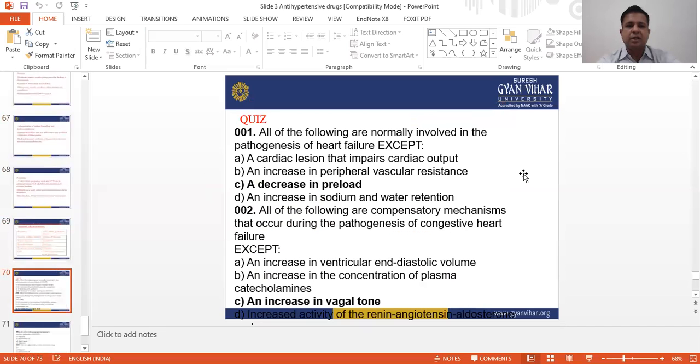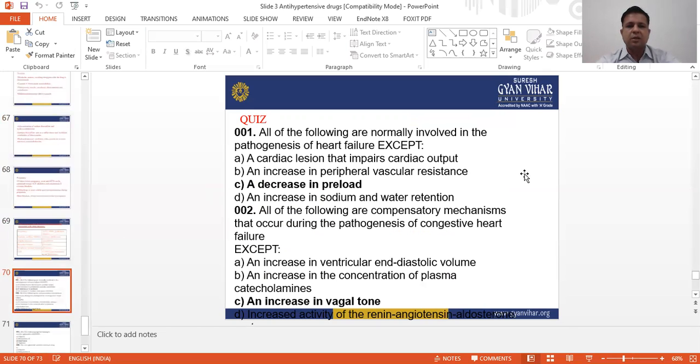First question: all of the following are normally involved in the pathogenesis of heart failure except: A, cardiac lesions that impair cardiac output; B, an increase in peripheral vascular resistance; C, a decrease in preload; D, an increase in sodium and water retention.